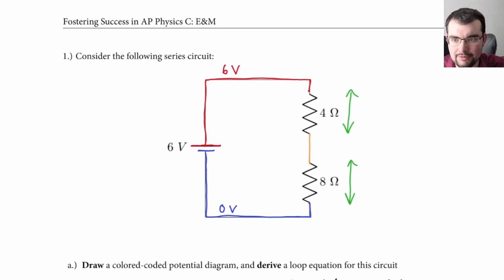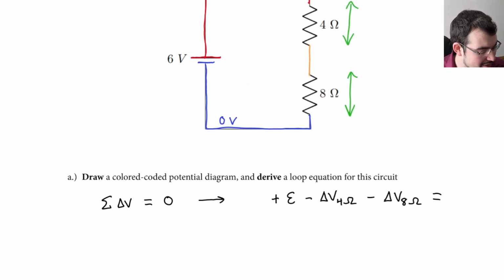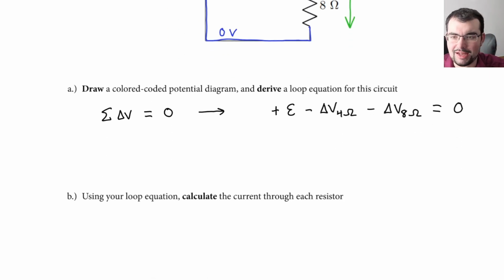But oh look, after I've gone through both resistors, I'm back to the blue color. I'm back to the bottom of my circuit, so that means my loop is complete. If we look at this equation, it should make sense, because all we're saying is that we step up our potential from the battery, and then we drop potential in 2 places around that loop.